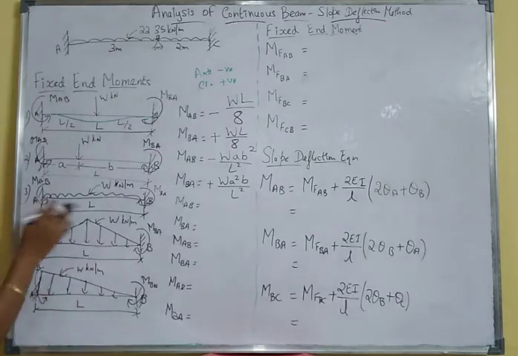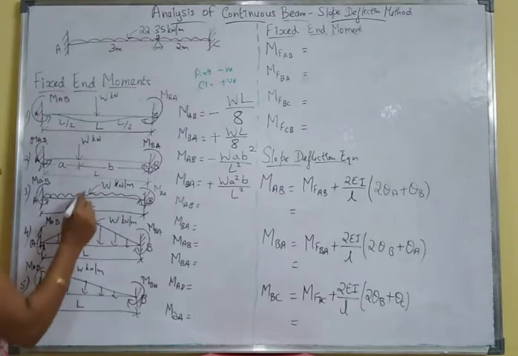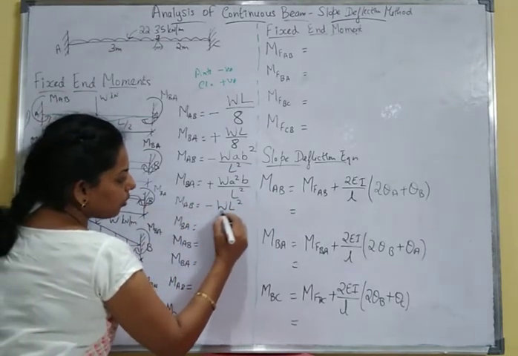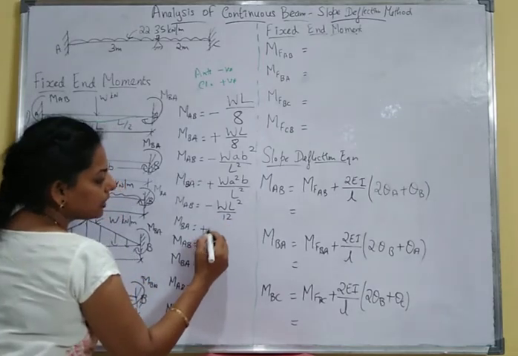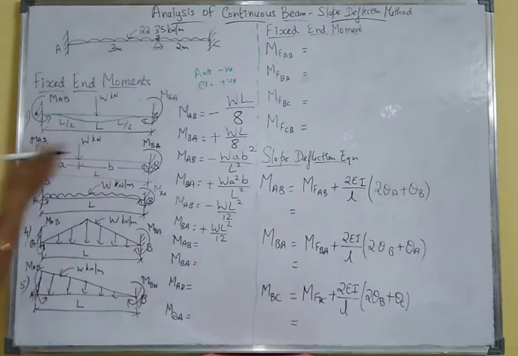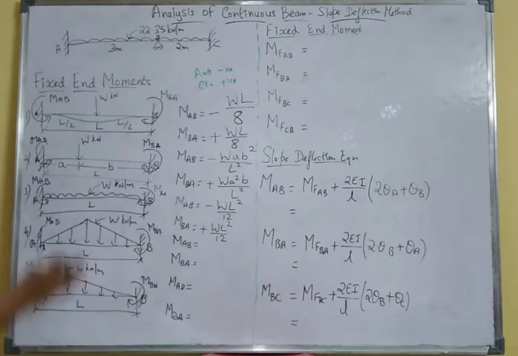Suppose your UDL is acting on the fixed end, then you will have minus WL square by 12 and plus WL square by 12. This is all calculated using deformation formulas, such as the unit load method or the minimum strain energy method.